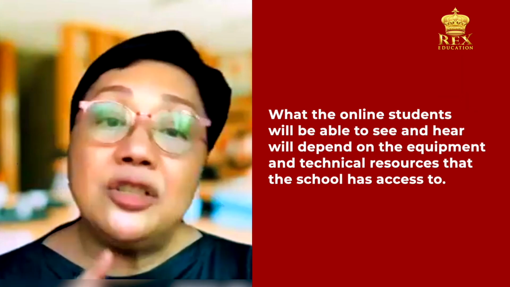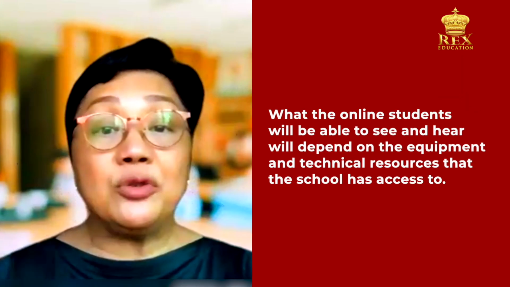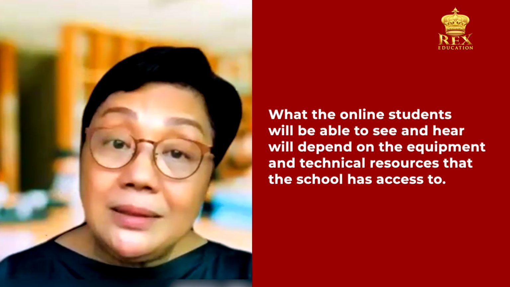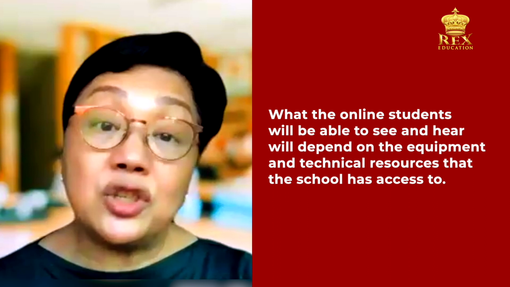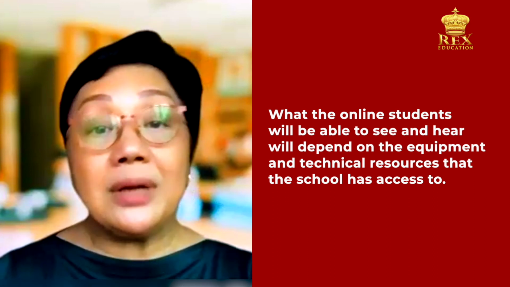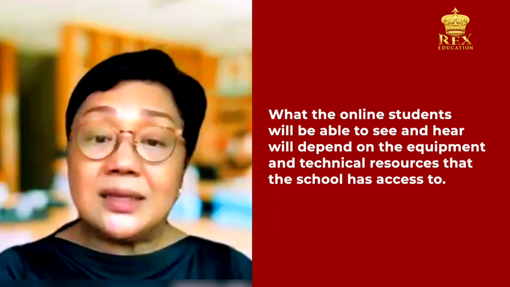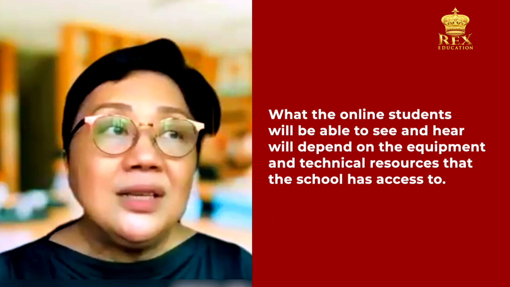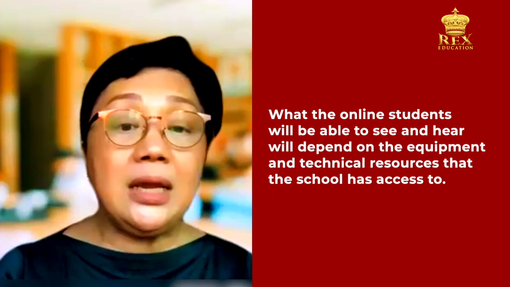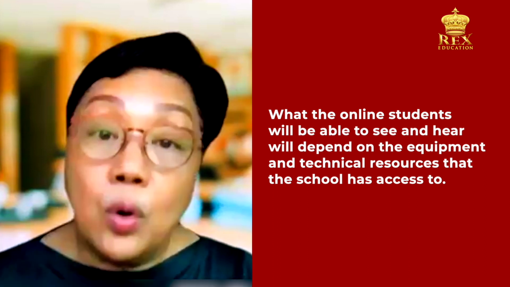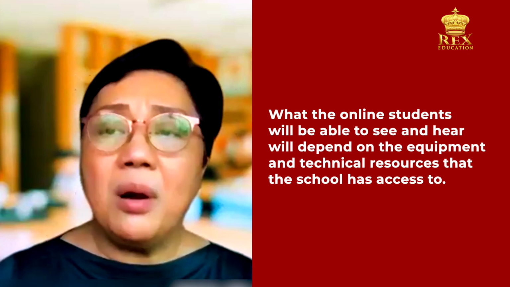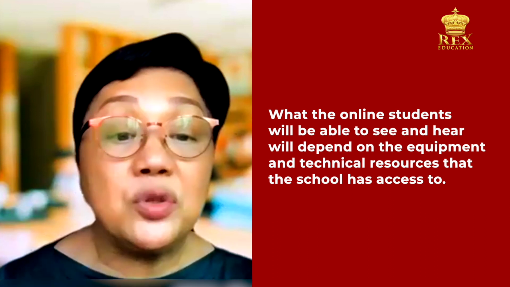What the online students will be able to see and hear will depend on the equipment and technical resources that the school has access to. For most schools, the video camera is just usually fixed on the teacher. So the teacher's movements are limited. The teacher has to stay in one place. Teacher notes on the whiteboard or blackboard may be too hard for the online students to see.